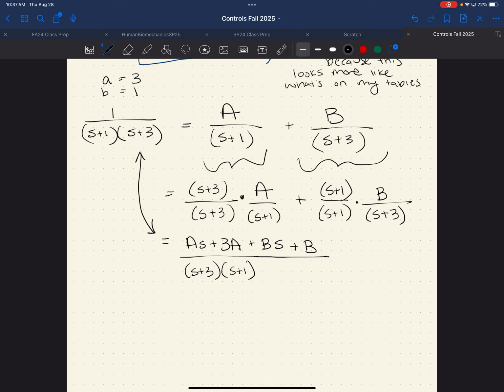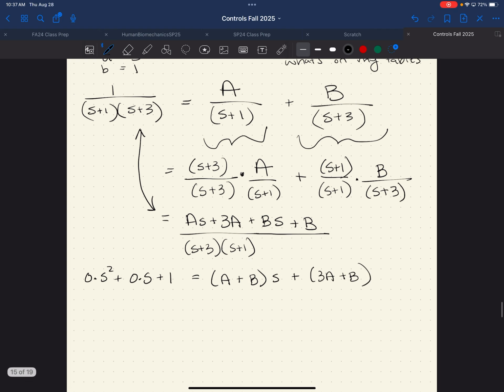On the left-hand side, I have just a 1, but really this could be 0 times s squared plus 0 times s plus 1. That's still 1, right? And on the right-hand side, I have A plus B times s, plus 3A plus B. It turns out I don't actually need to care about an s squared, even though it's multiplied by 1.